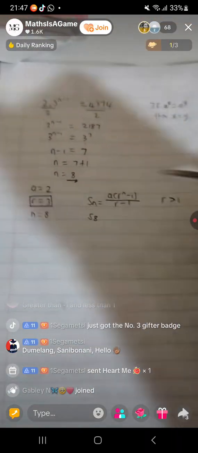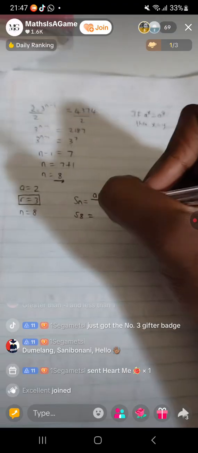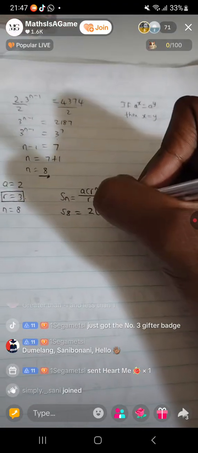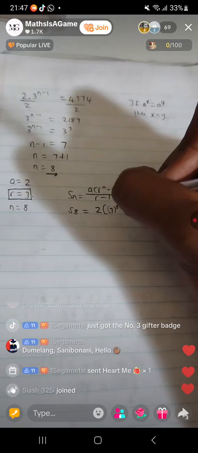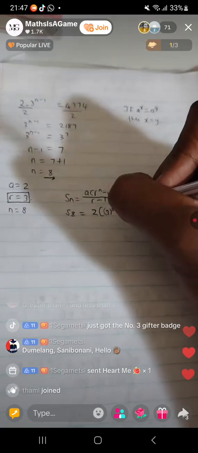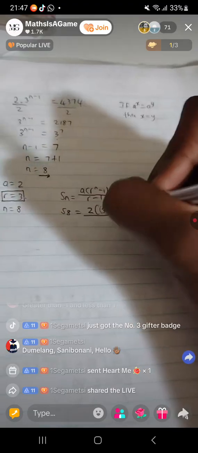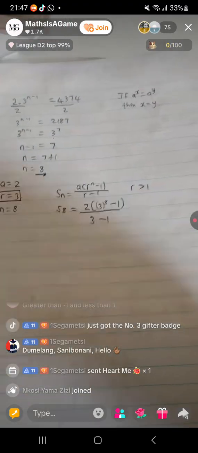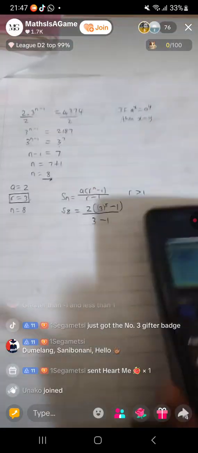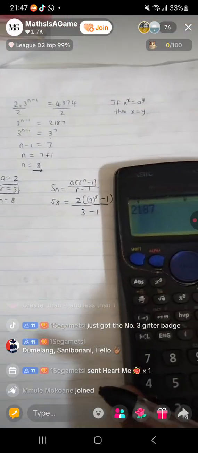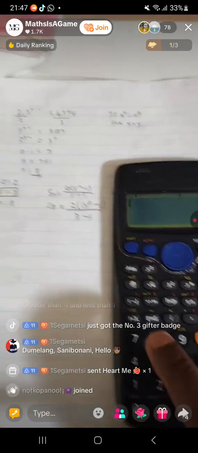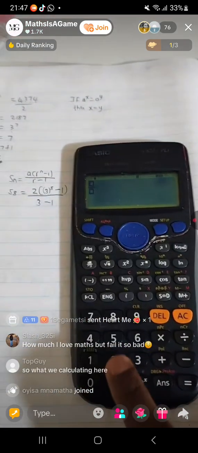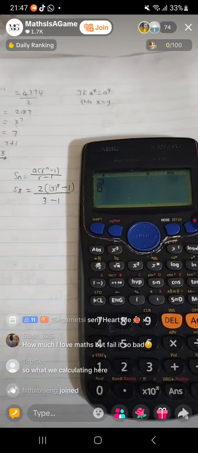The sum of the first 8 terms is equal to a is 2, r is 3 to the power 8 minus 1 over 3 minus 1. You then grab your calculator, guys. As straightforward and as simple as that is, you grab your calculator, you punch in the fraction 2 at the top.